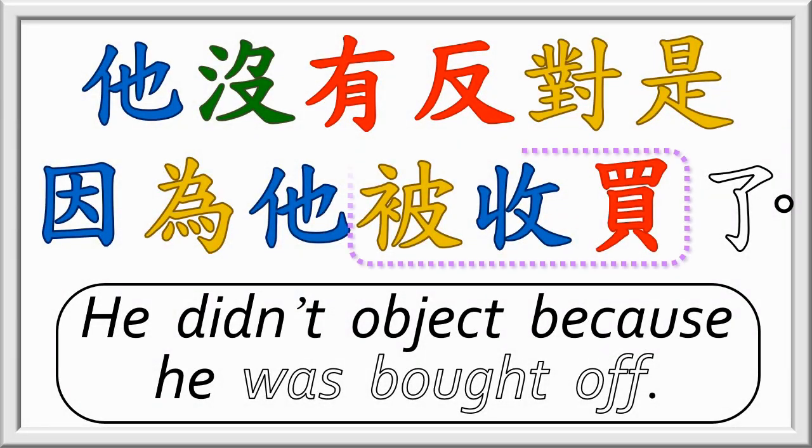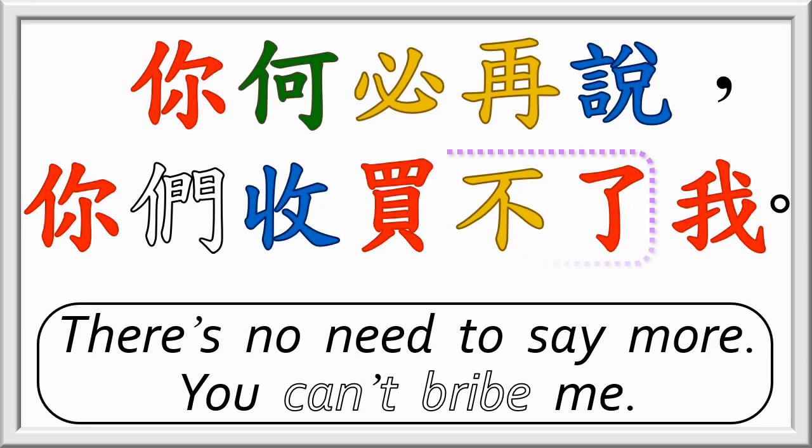When people are purchased, that is, bought off or bribed, 购 is replaced by the more colloquial 买，收买。他没有反对，是因为他被收买了。He didn't object because he was bought off. 你何必再说？你们收买不了我。There's no need to say more.